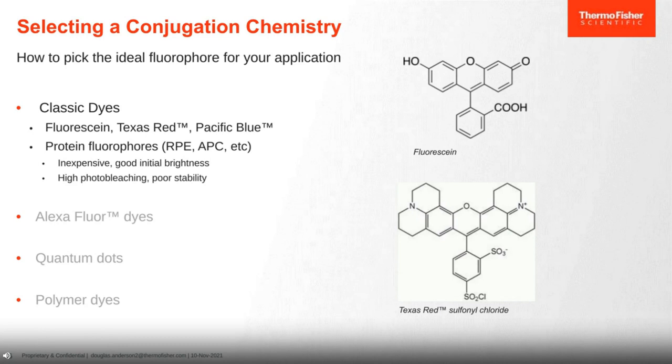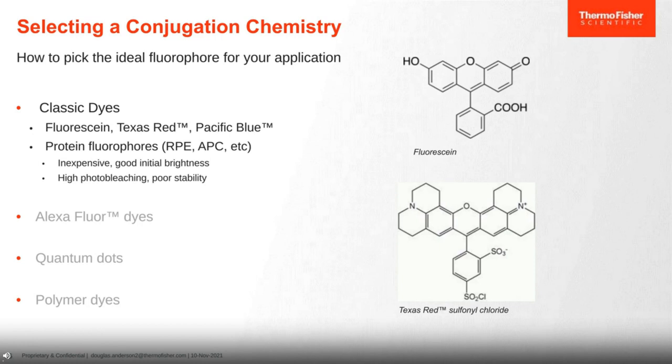So the first category I've highlighted here is your classic dyes. These are your simple small molecule fluorophores that have been on the market for quite some time, such as fluorescein, Texas Red, Pacific Blue, and your large protein fluorophores, RPE and APC. These are the fluorophores that have defined the market. I know a lot of us have probably trained on a microscope where the filters were actually named after some of these.